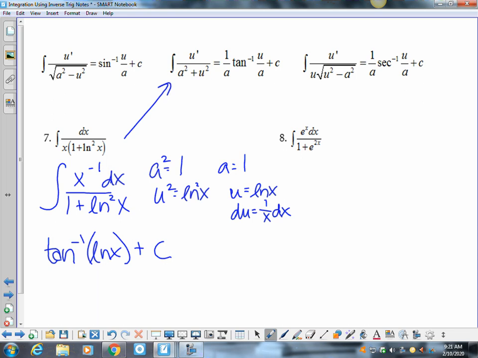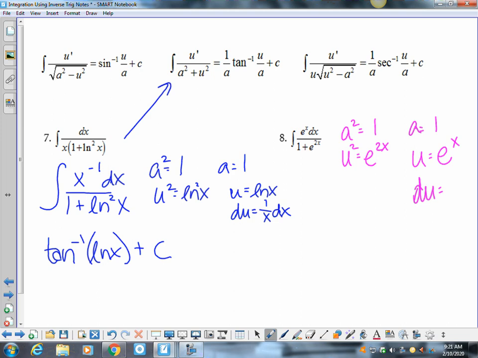Okay, so try 8. What's your u? Good. How do you take the derivative of e to the x?